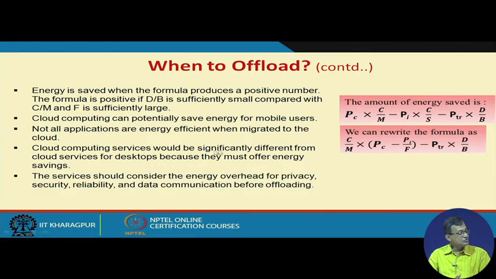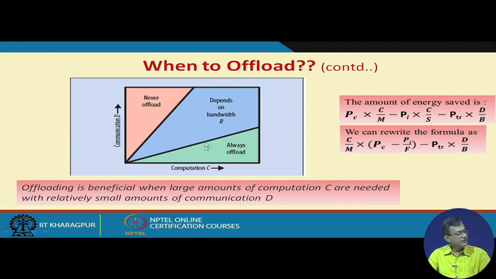Cloud computing services for mobile should be significantly different from cloud services for desktop, because they must offer energy savings in this case. The services should consider the energy overhead for privacy, security, reliability, data communication, etc., which we have not directly considered here. Ideally, it should take care of these other features while calculating. Looking at the same formula another way, offloading is beneficial when a large amount of computation C is needed with relatively little data communication.